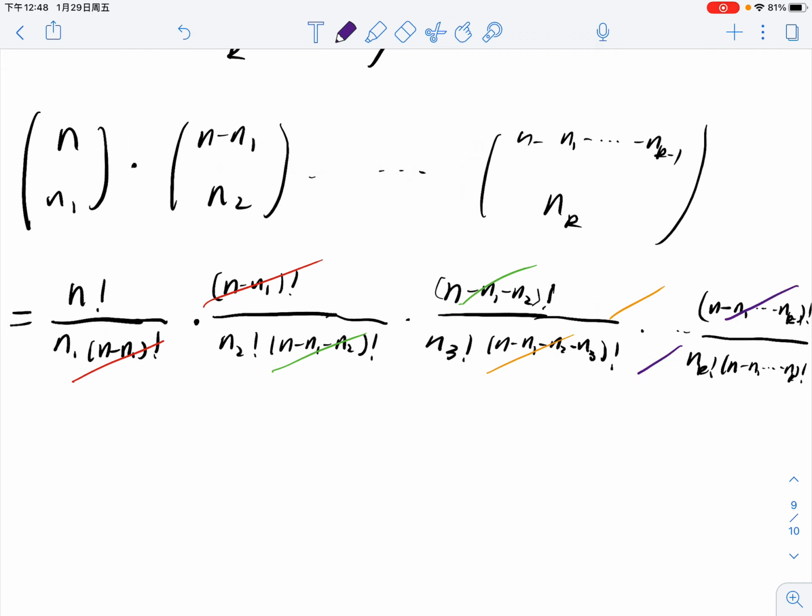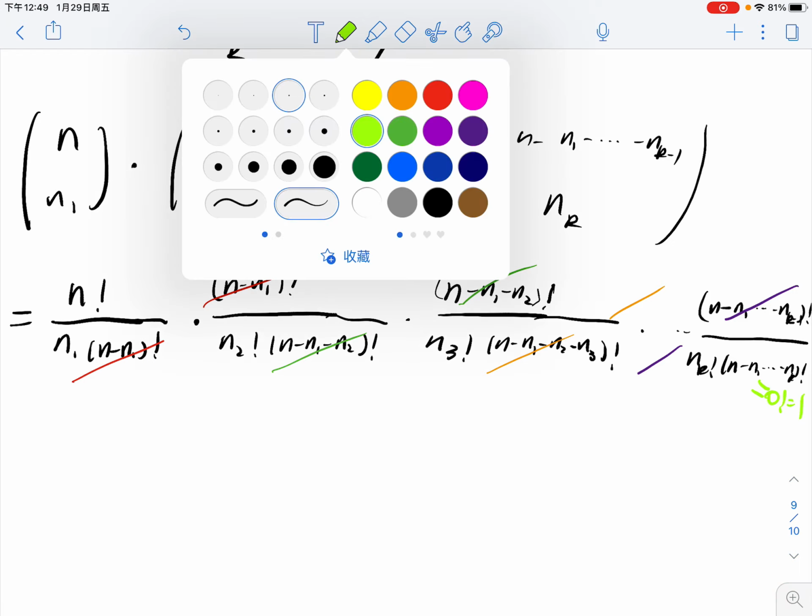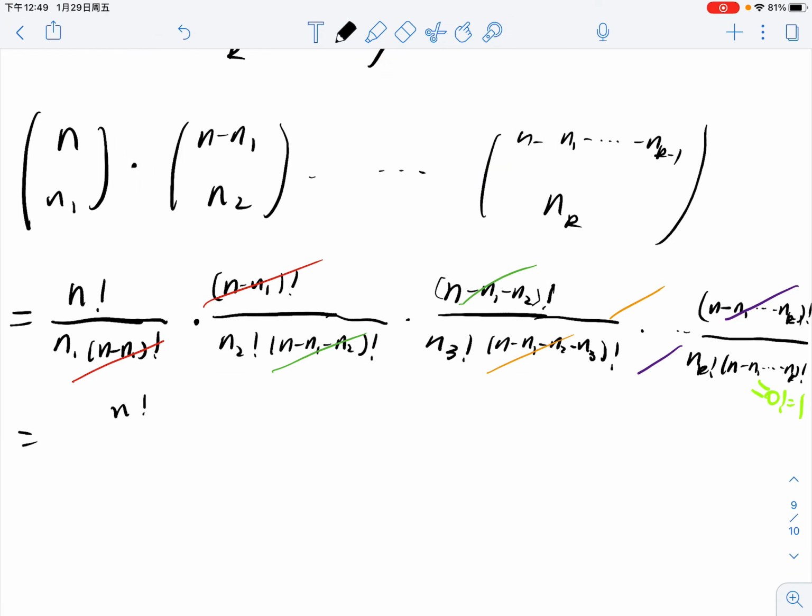And then the last one is 0 factorial, which is 1. So after all, you have n factorial divided by n1 factorial times n2 factorial all the way to nk factorial.